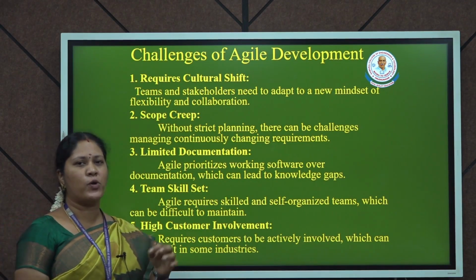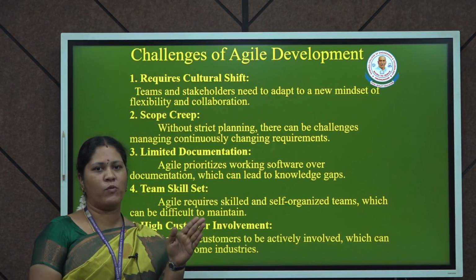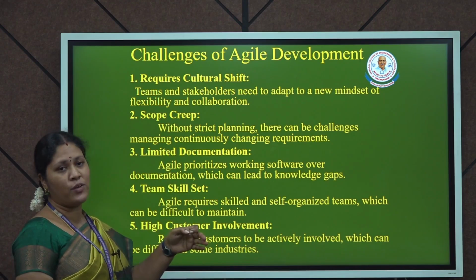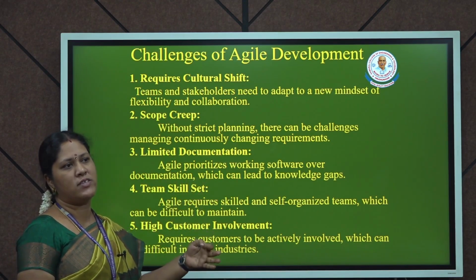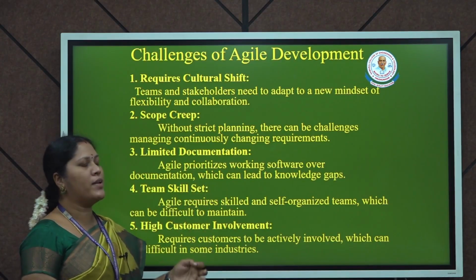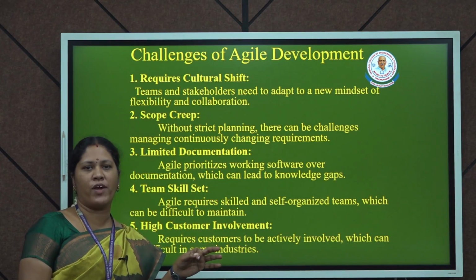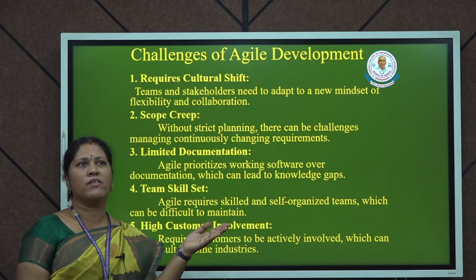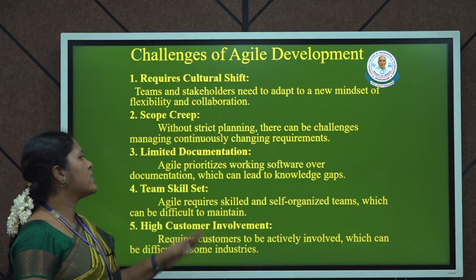Another one is scope creep. We are used to a strict planning environment, but in Agile we are moving to an environment where we incorporate the changes continuously, so people find it difficult. And limited documentation. Agile focuses on working software, not on documentation, so a knowledge gap may occur.